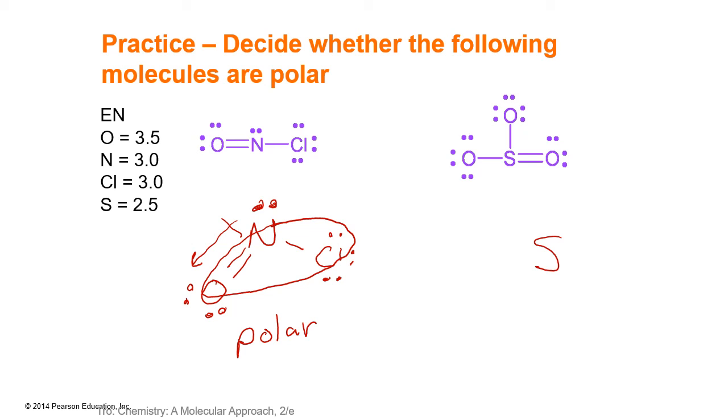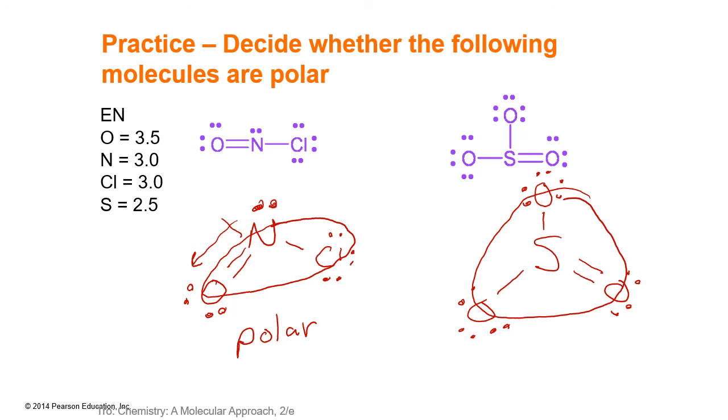If we look at our sulfur trioxide, again I'm going to draw it a little bit closer to the shape that it would have. Okay, so now there's no lone pairs on that center atom. We're going to draw our circle. We're touching oxygens at each point. So this would be nonpolar because we have oxygens.